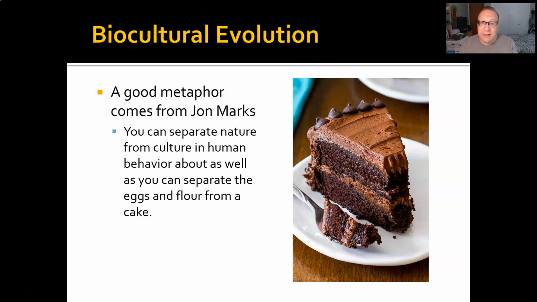A cake is a cake, and you can't unmake a cake, right? It takes the eggs and the flour wrapped together and undergoing transformation in order to make a cake. And you can't undo that. Well, it's the same thing with culture and biology. In humans, they work together.